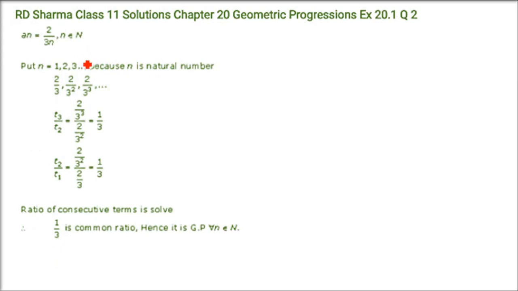Now we have to show that the sequence A n, A subscript n, defined by A n equals 2 by 3 to the power n, where n belongs to capital N, is a GP.